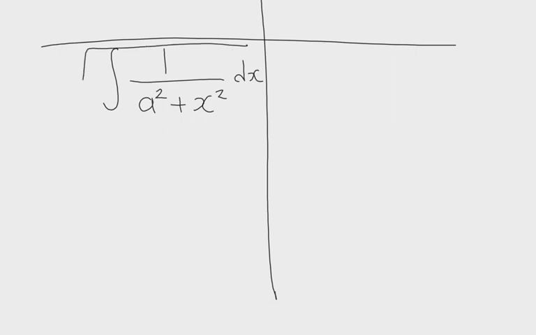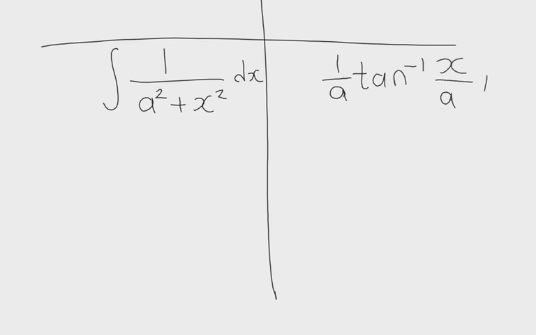Furthermore, the integral of 1 over a squared plus x squared dx. Let's leave it like this. It is 1 over a tan inverse of x over a plus c.